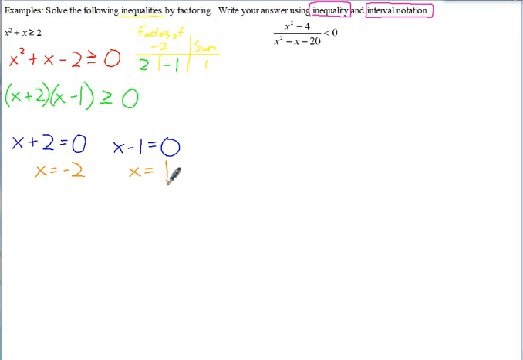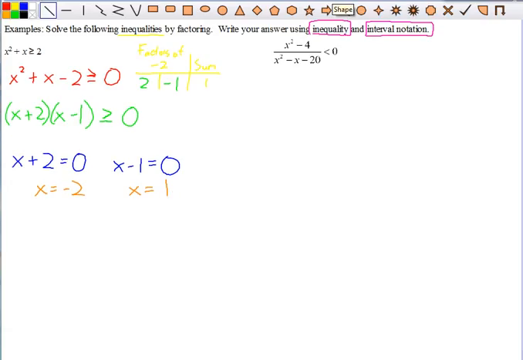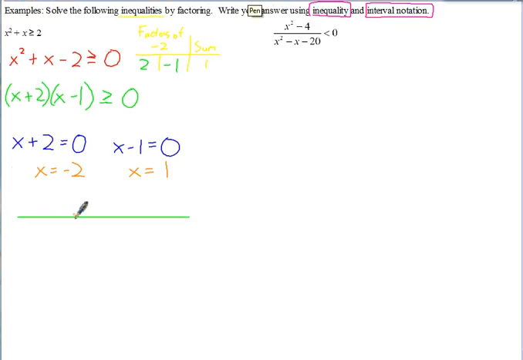And then what you do next is you actually draw yourself a number line. And we're going to use a number line quite a bit for a variety of different things as a tool to analyze what's happening. So on this number line, the only key numbers we need to put down are the ones we got here, negative 2 and 1. Let's put them in order.